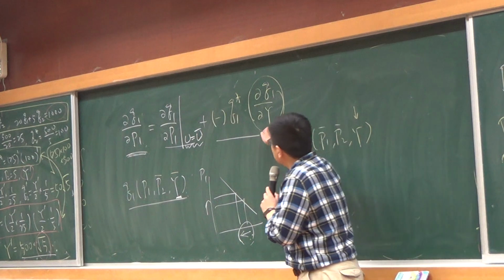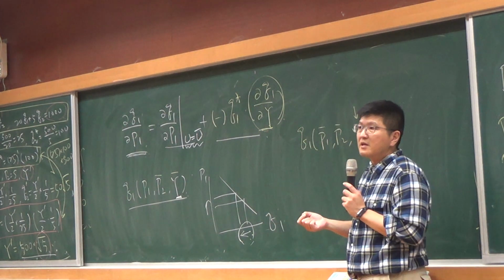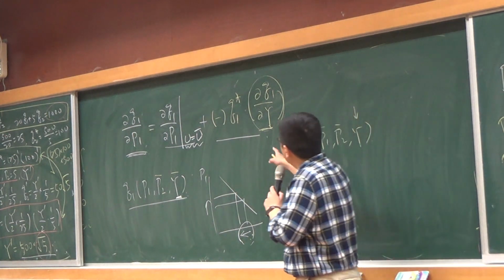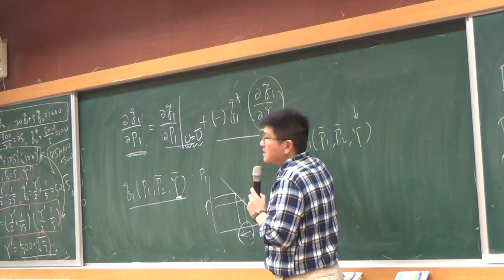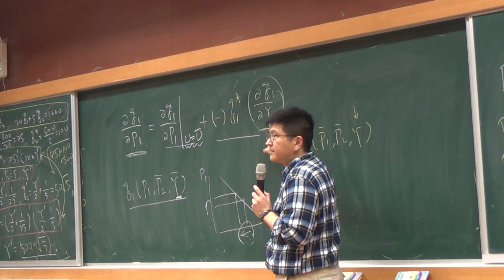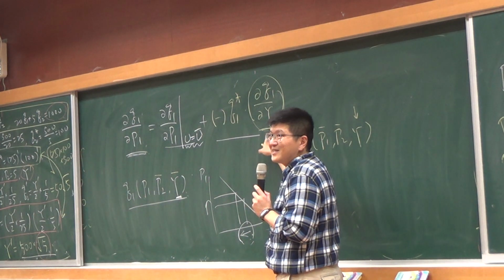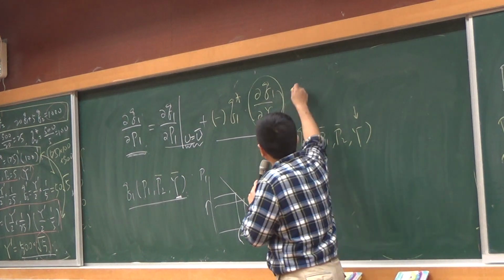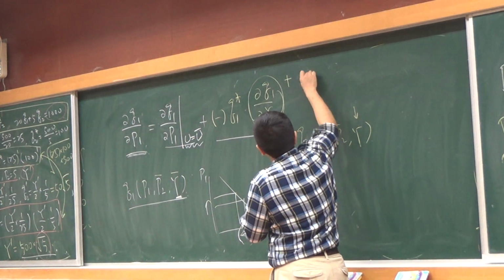So if the good is a normal good, how would you expect the sign to be, positive or negative? Positive, right? So it would be positive if it is normal.